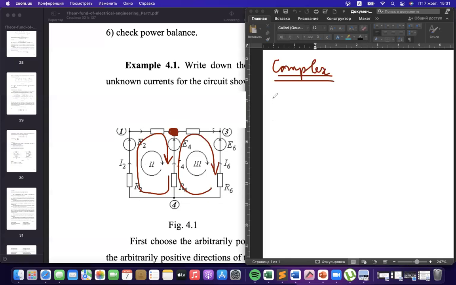In the first circle, in the first mesh, we could write that electromotive force number 2 minus electromotive force number 4, these two sources, will equal the consumers. How many currents do we have here? We have the first current left, the second current central, and the last current right.